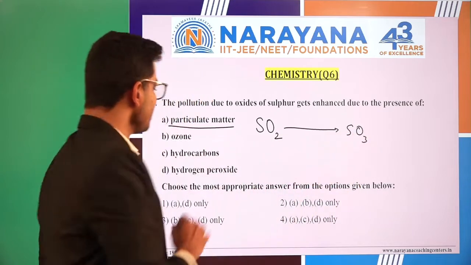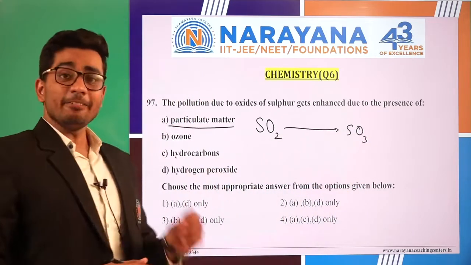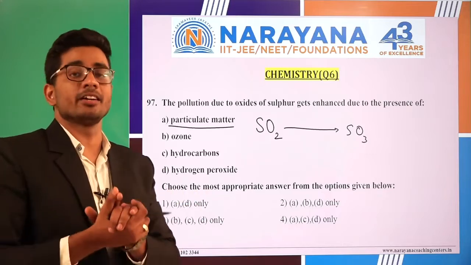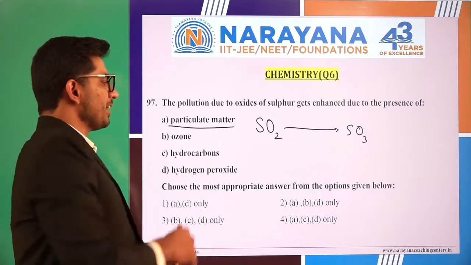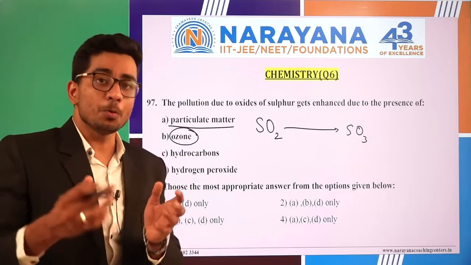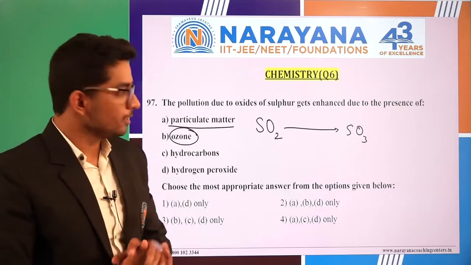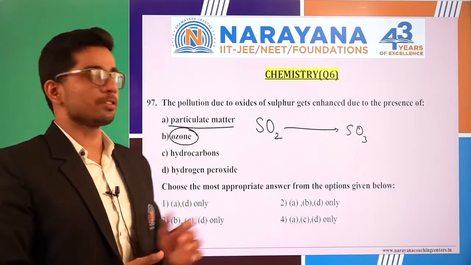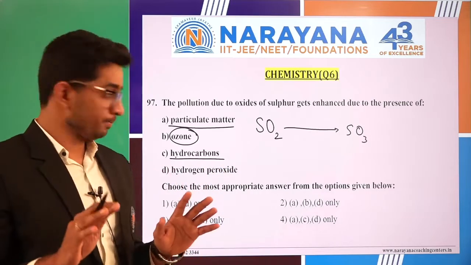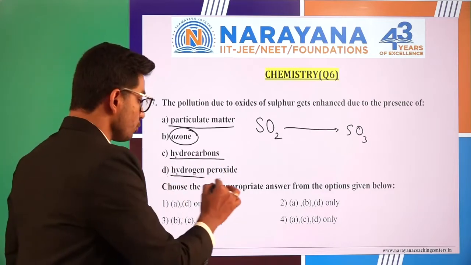Apart from particulate matter, we have ozone also doing the same, and as you know, ozone is a great oxidizing agent, so it can turn SO2 into SO3. Hydrocarbons have no role in that. And let's talk about hydrogen peroxide.